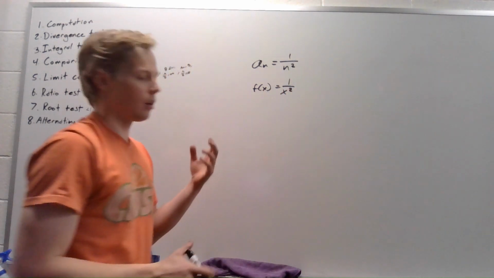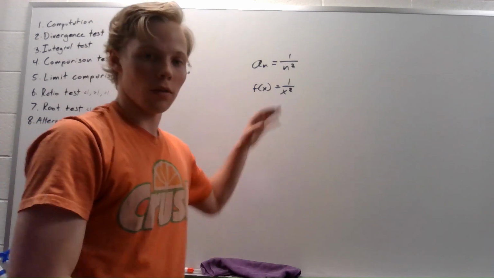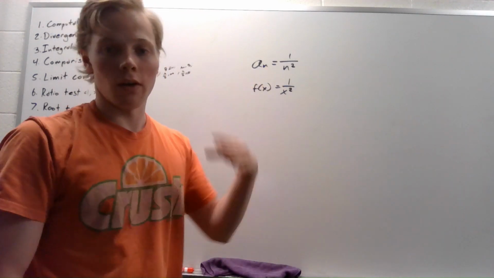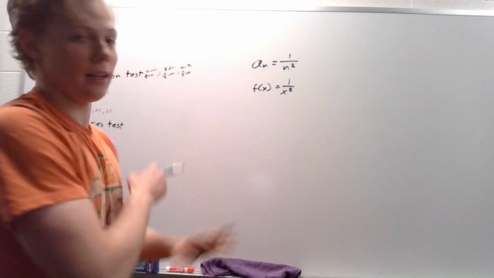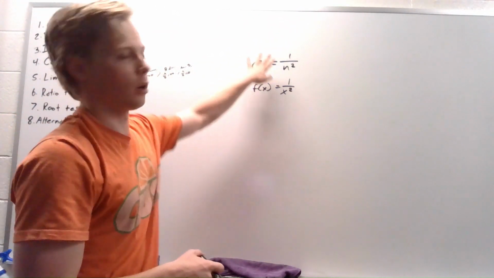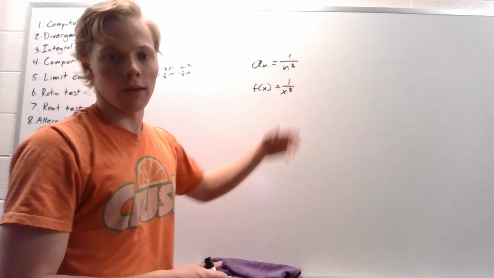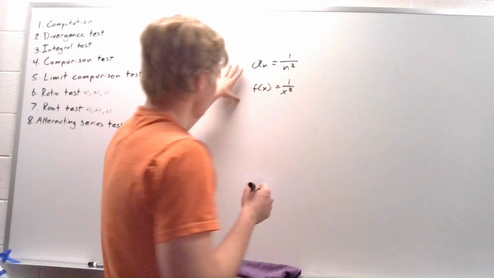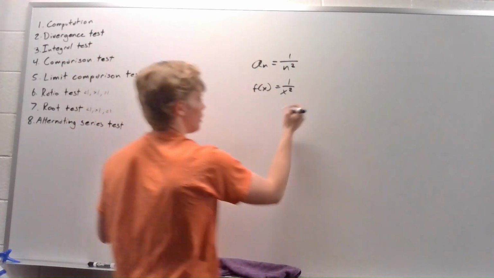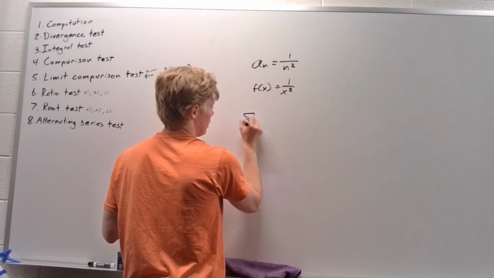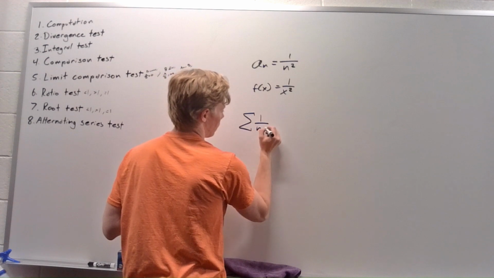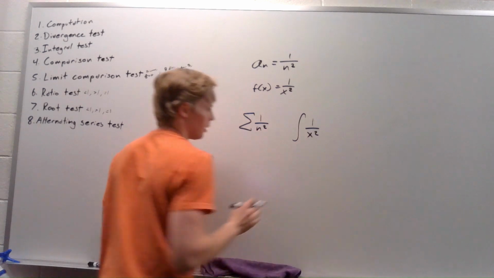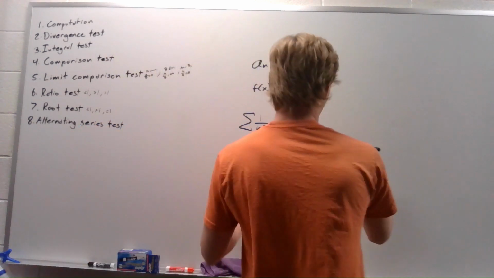And so remember, at all whole number values of x, 1 over x squared and 1 over n squared are going to be equal to each other. They're going to be the exact same expression. 1 over 3 squared is equal to 1 over 3 squared. And so if we take the sum of 1 over n squared and then the integral of 1 over x squared, let's draw what those pictures look like.